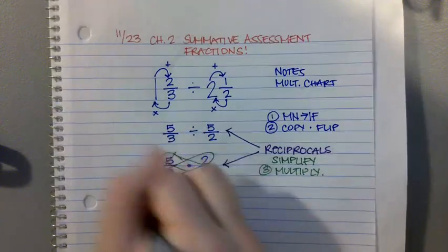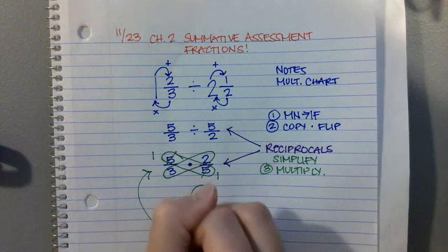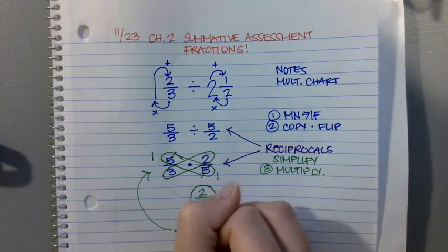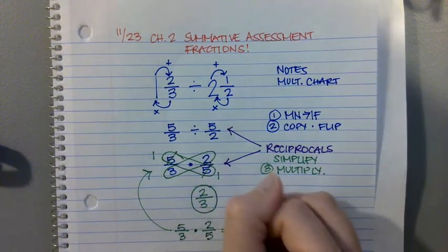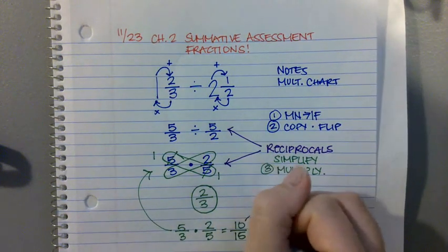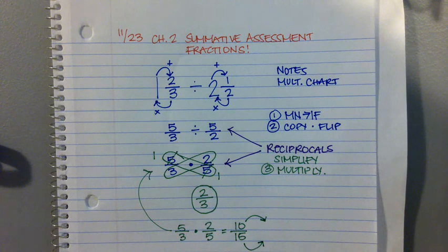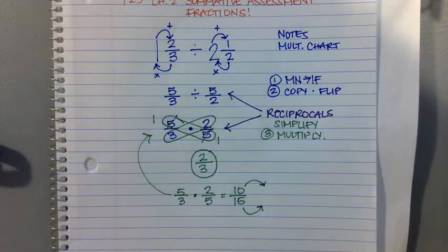Now, I'm going to rewind a little bit, and I'm going to go back to this step for those of you that like to simplify in the end after multiplying. 5 times 2 is 10, and 3 times 5 is 15. Now, I know that 10 and 15 share a common factor other than 1. And I'm going to move my screen up a little bit.